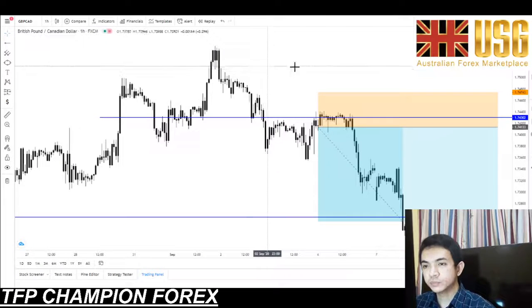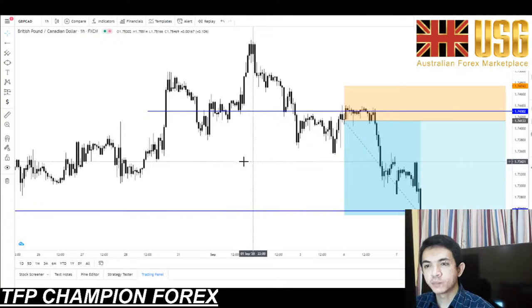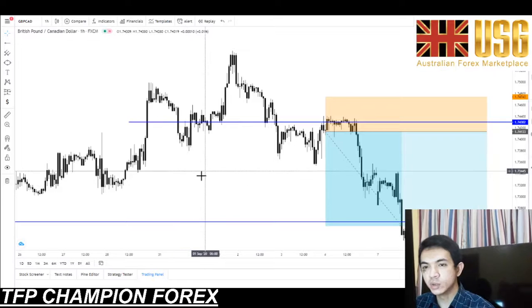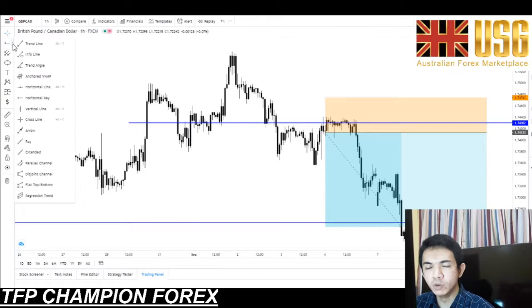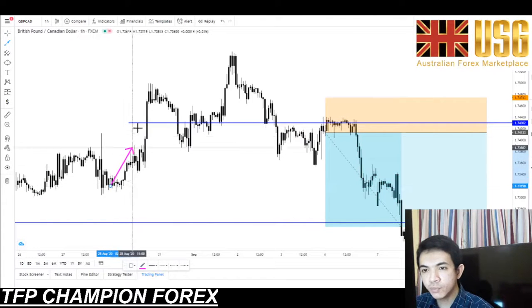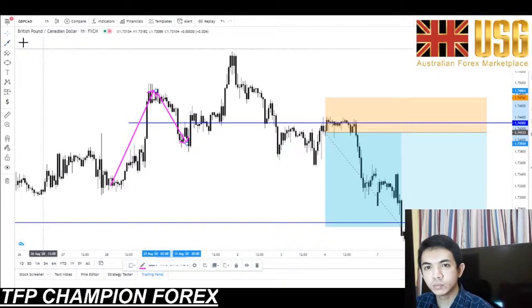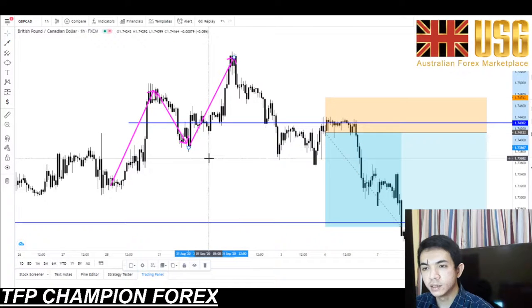So, all right, what do we have here? The reason I took this short trade, or sell trade, was that I knew at that time the price was moving in a bullish manner, right? From a low and then a high, and then a higher low, and then a higher high.